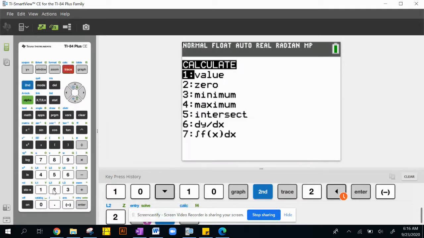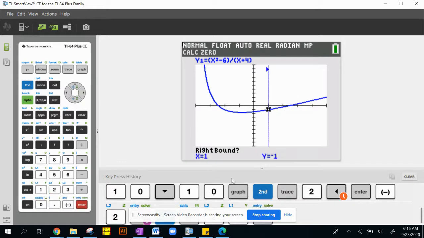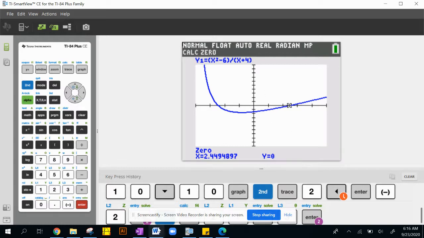Second, calculate, zero. A left bound, I want this guy over here now, so I'll say 1, and I'll make my right bound 3. And guess. And there we go. It's positive 2.4494897, right? So really close. That's how we find our zeros on a calculator.